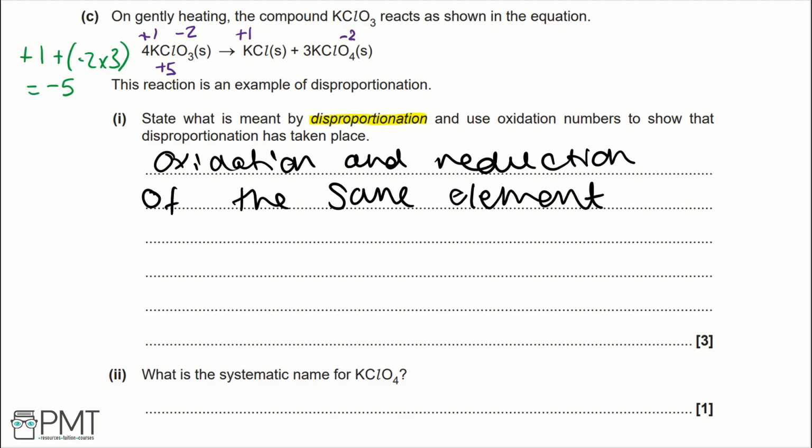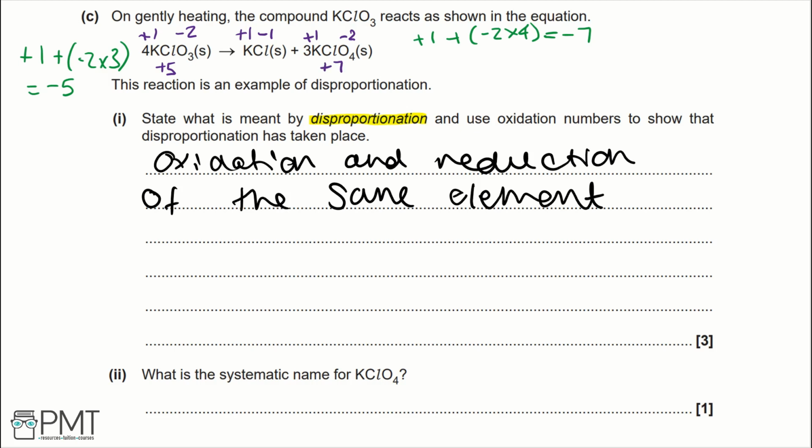For the products, the first product, KCl, the Cl or chlorine will have a -1 oxidation state. If we look at our next product, we can work out the oxidation state of chlorine by having +1 plus -2 times 4. That would give us -7, making the oxidation state of chlorine +7.